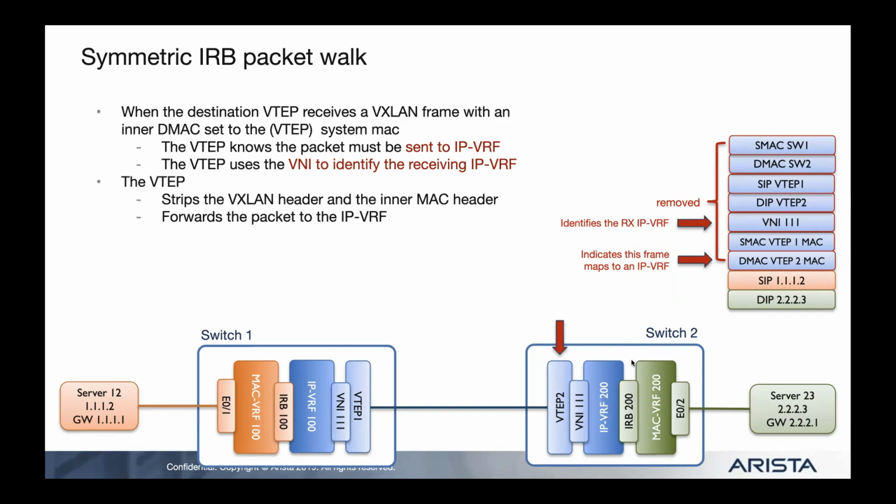After that, we will check, because this SVI interface is also part of this VRF. When your packet lands into this VRF, you check what the destination IP is, that is 2223. Then you check the route for this.